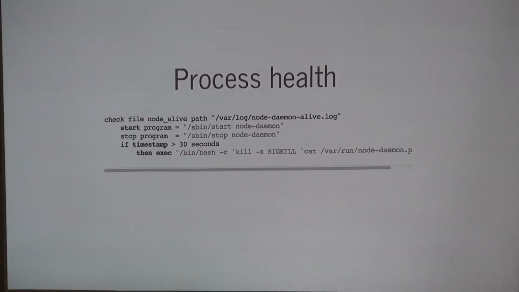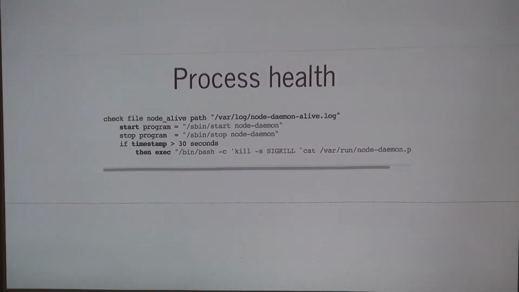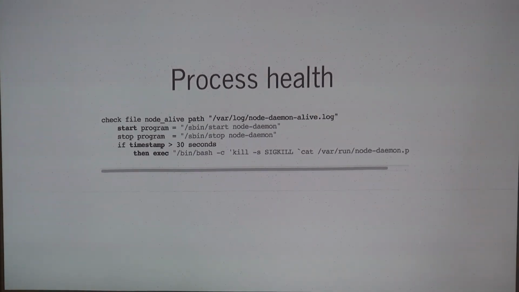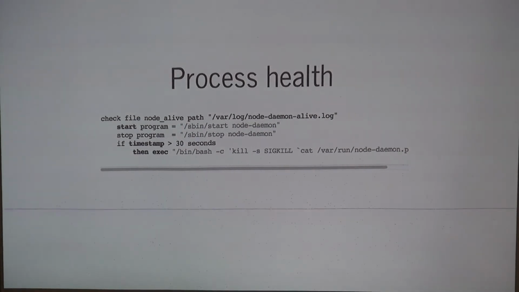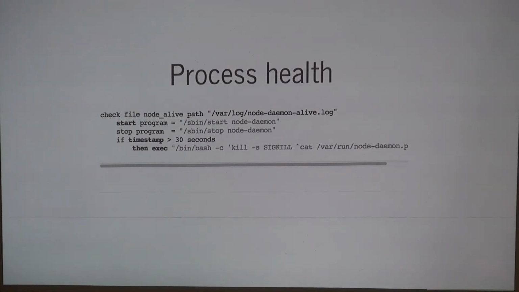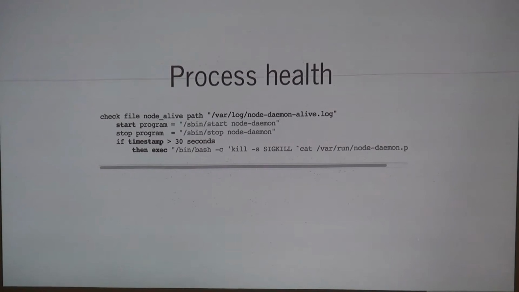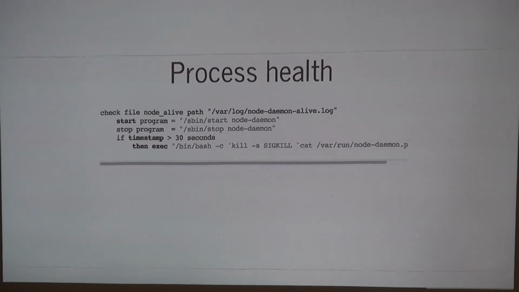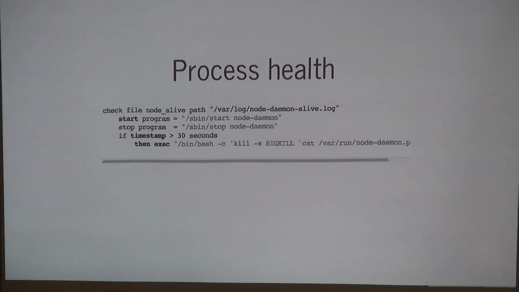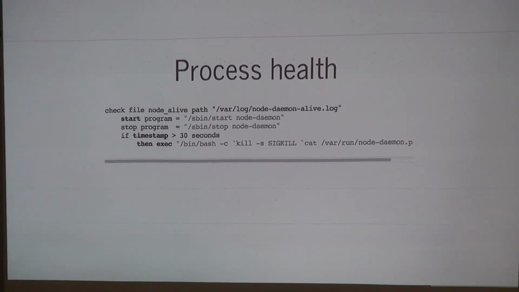The process health it's like the thing I told you before. It's like the Node alive log where the touch gets on every few seconds. And what's the really important thing about that is, so we are handling the SIGTERM and the SIGINT signals in our application.